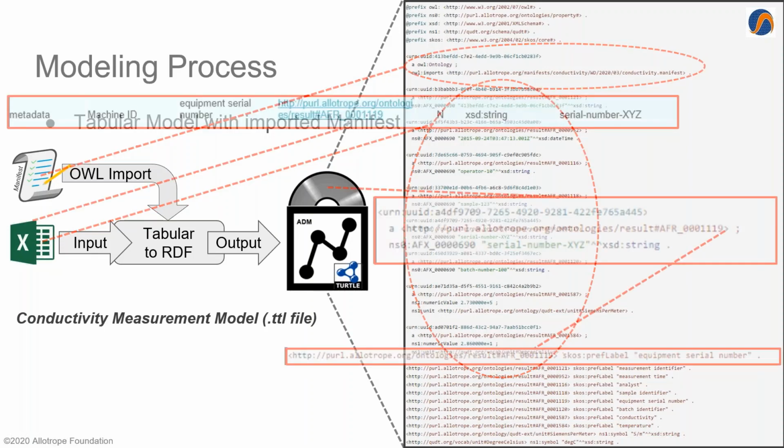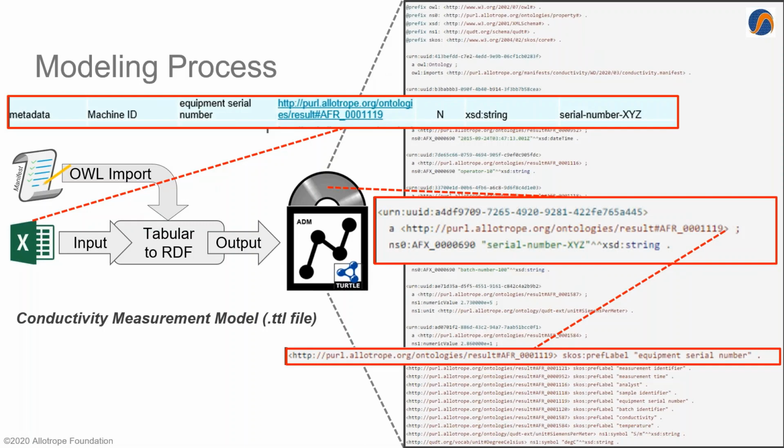If we want to see it a little bit closer, we'll go again through the equipment serial number with the IRI and the string and the serial number value of XYZ. So zooming into the data instance, we can see the result AFR 000119, which has a preferred label, equipment serial number, and the value serial number XYZ, which is a string.